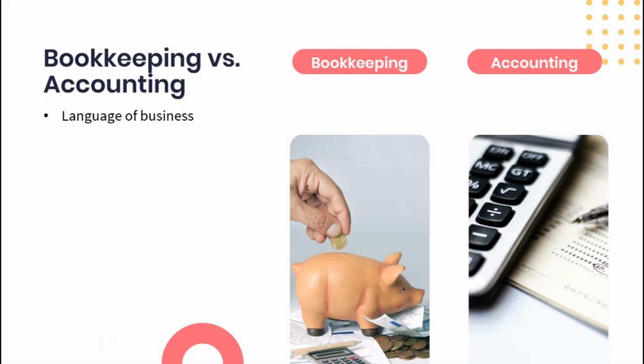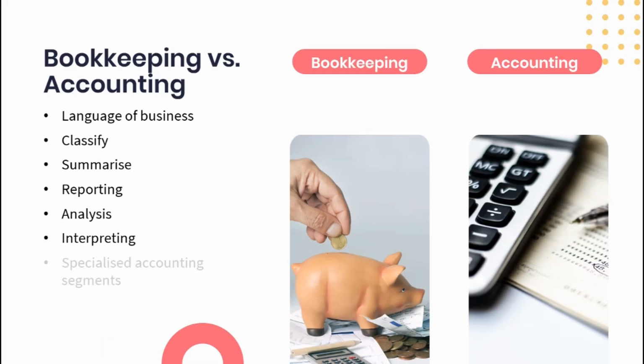We need these experts to help with taking the financial information from the bookkeepers and classifying, summarizing, reporting, analyzing, and interpreting the data to simplify and make sense of the financial status of an organization. As you can see, each of these on its own is quite a skill, and therefore within the finance unit, there are even more specialized accounting segments such as management accountants, financial analysts, to name a few, to assist in these areas.